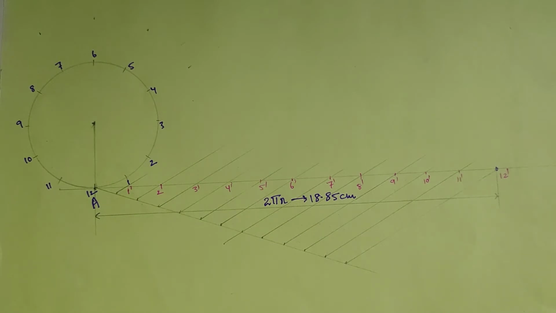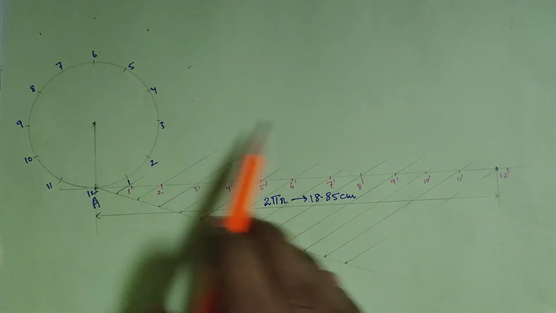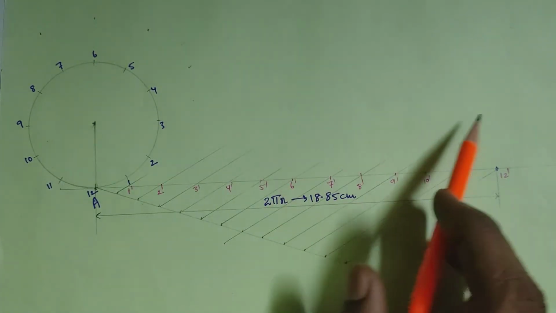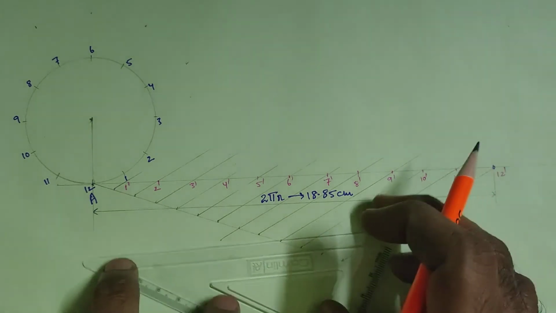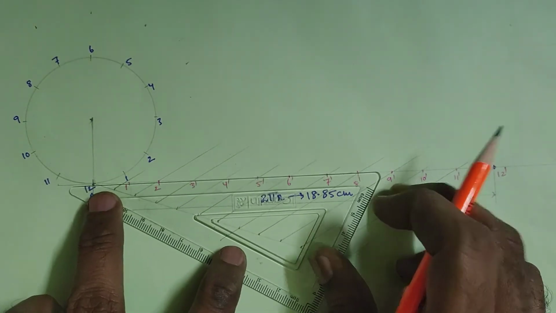These things I have already done. After these basic steps are over, next we have to draw the central line. As the circle moves, the center also moves from one position to another position. So I am drawing the center line of this particular circle.